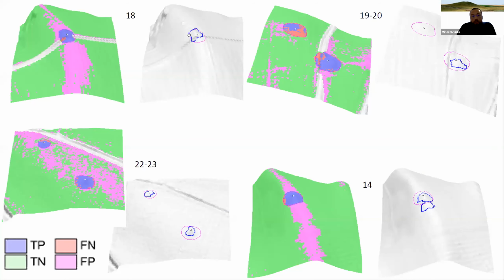So basically here you have the segment that was selected as a burial mound, and here you can see a lot of false positives, which will make it very hard to identify the real burial mounds with such an approach.